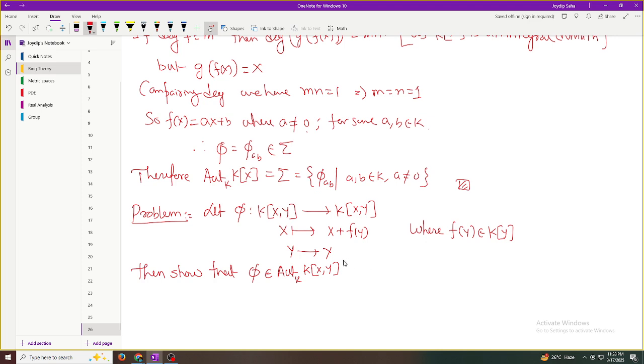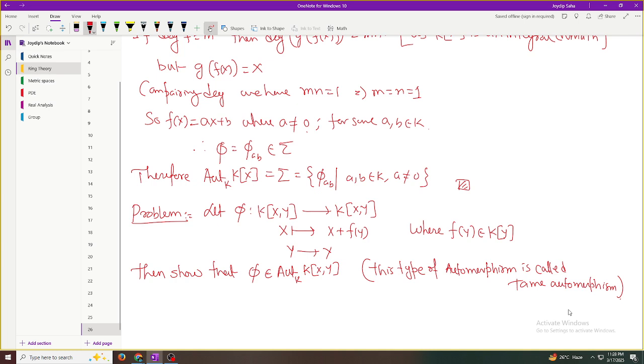This type of automorphism is called a tame automorphism.